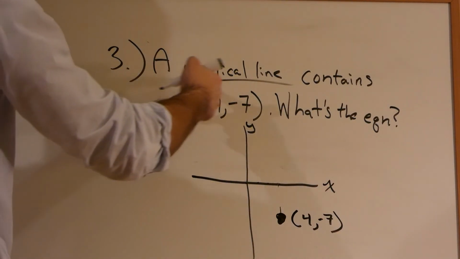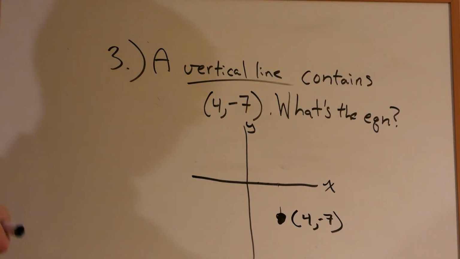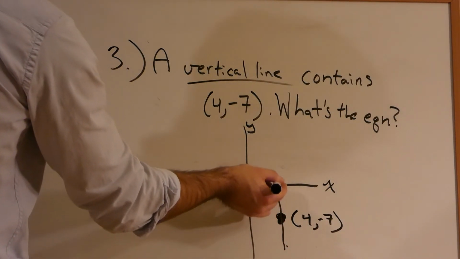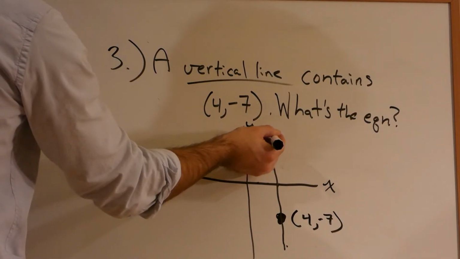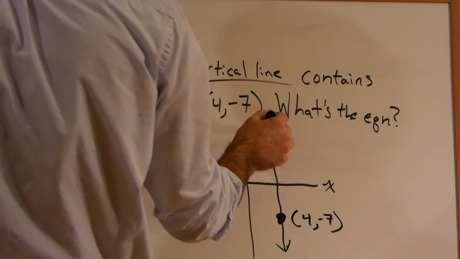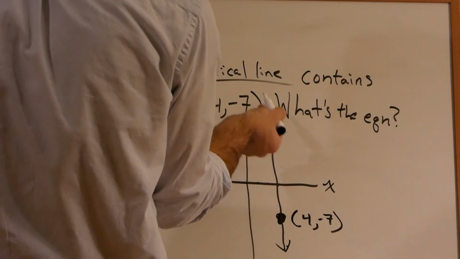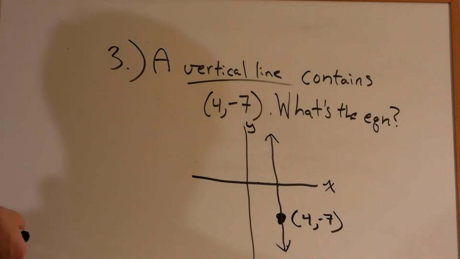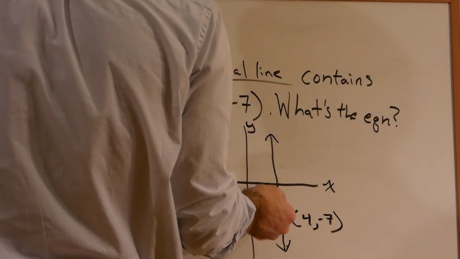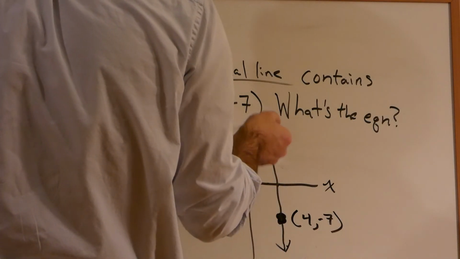Now, a vertical line contains that point. In other words, that means that a vertical line must pass right through that point and must look like that. And it's vertical, so it's up and down. Now, we're trying to figure out what the equation of this line is here. And in order to do that, what I always think of is what is consistent about this line right here.